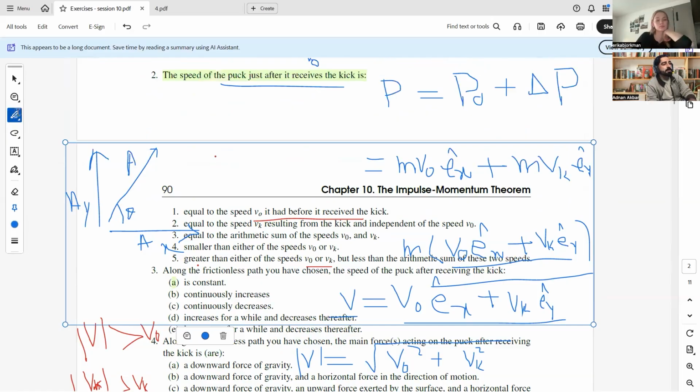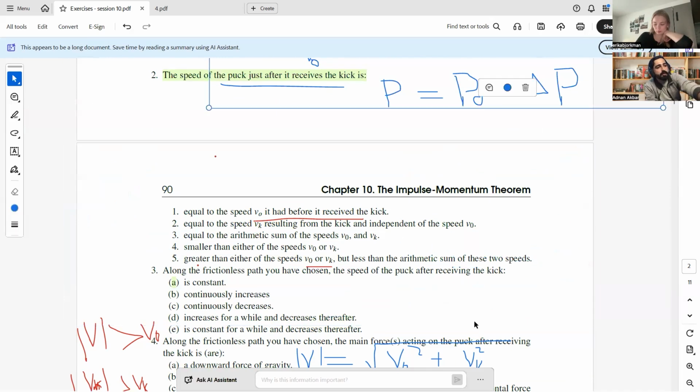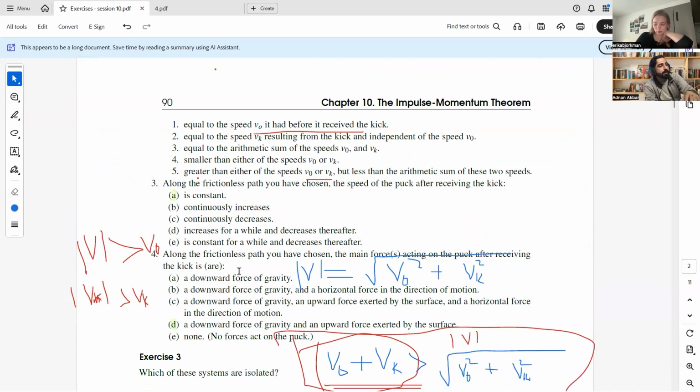Okay, let me erase the data to solve the next part. Okay, we have the third part.